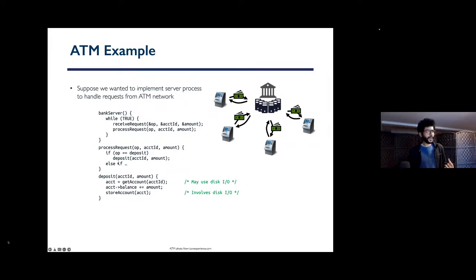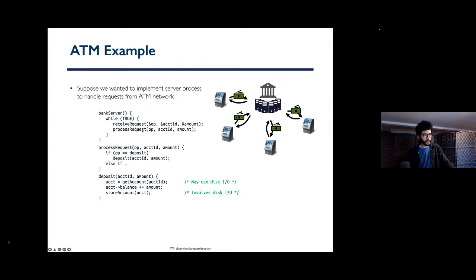This server just receives these requests, and they have some operation, for example, deposit or withdraw from this account this amount. Very simple, right? And once we receive it, we process it.